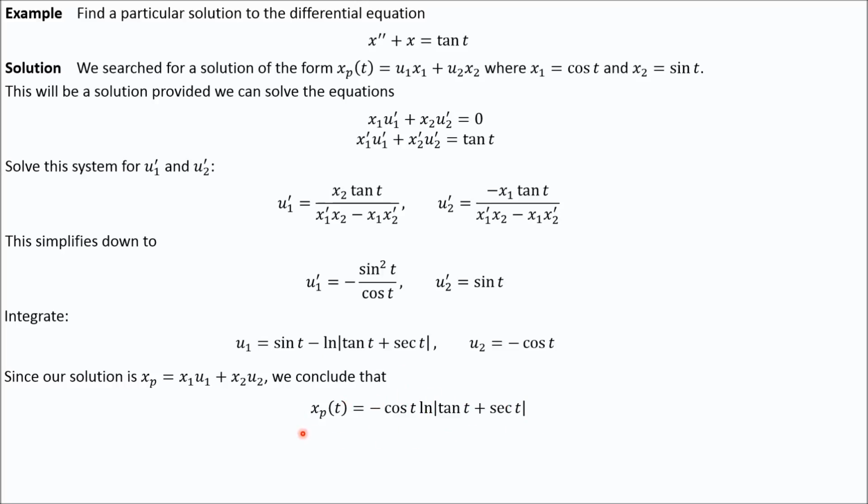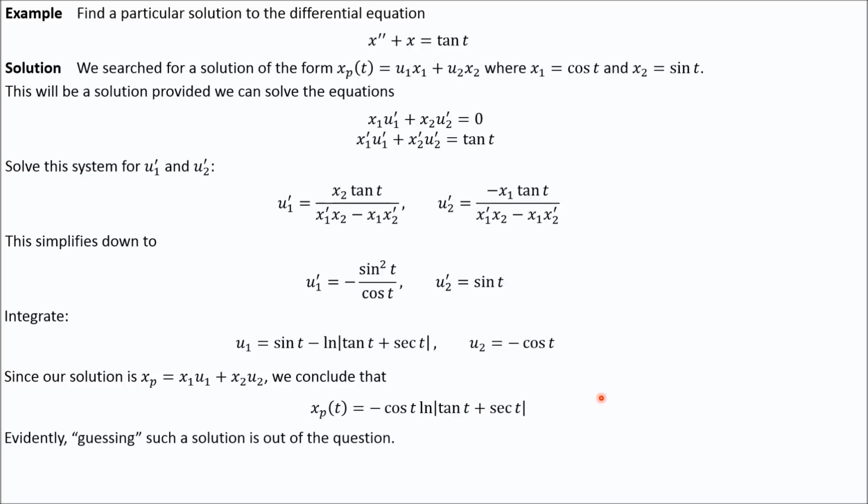So that's our particular solution, and you can check that if you plug that into the differential equation, it in fact is a solution to the differential equation, which is pretty remarkable when you consider that the second derivative of this must be immensely complicated, or you would have expected anyway.